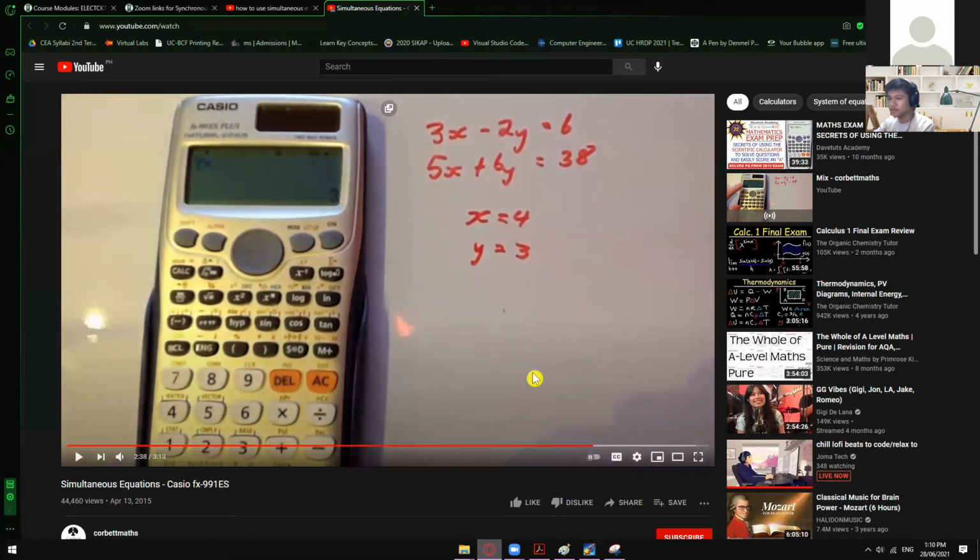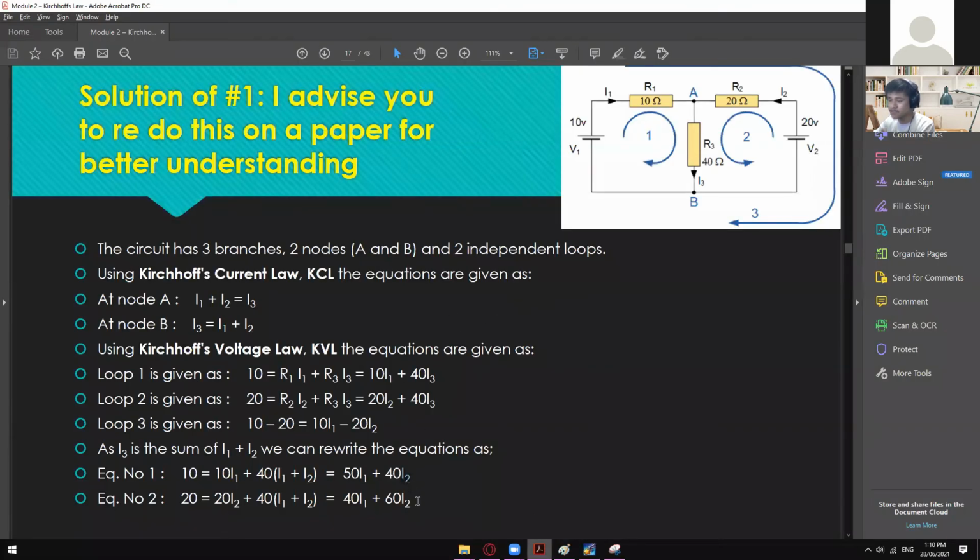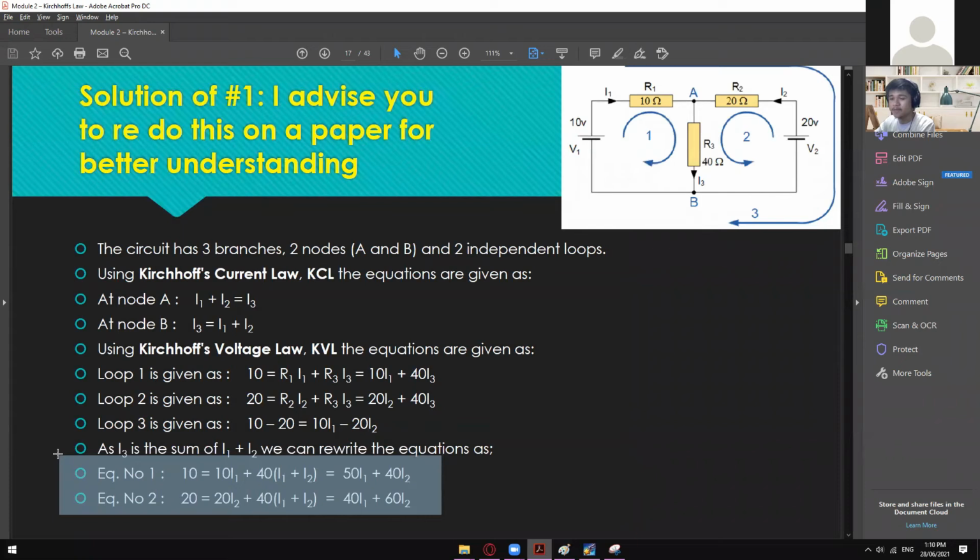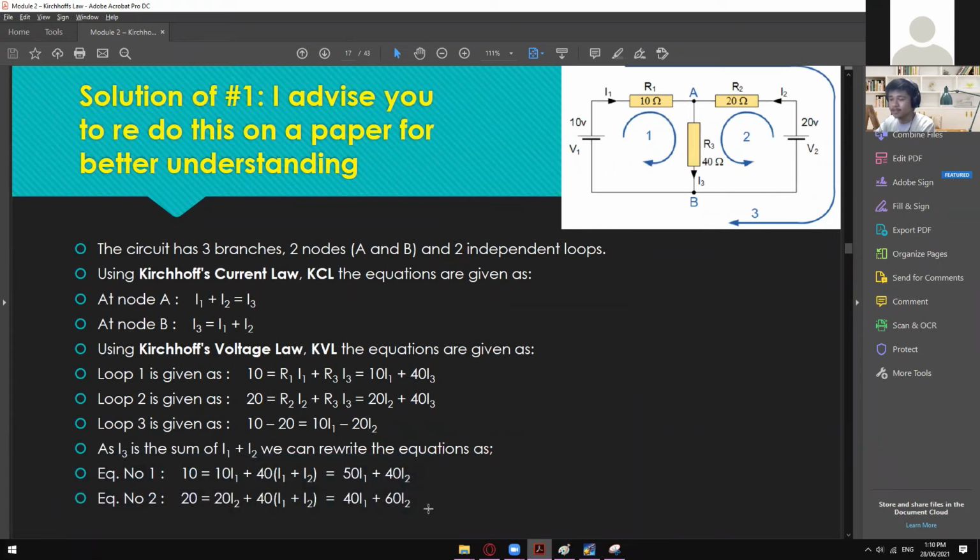I would like you guys to do this also, because this is the fastest method, by using the calculator, as long as you have the correct equation, of course. Then you'll be able to get the values of the unknowns, the I1 and I2, right away.